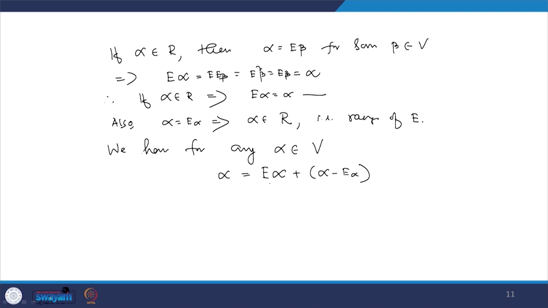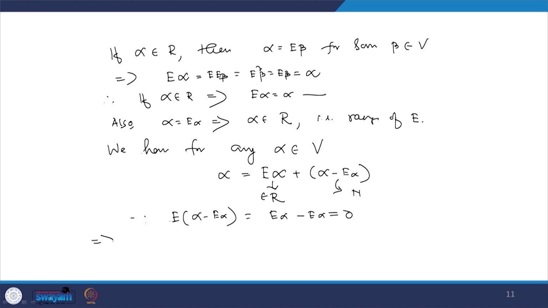So E alpha belongs to R, and alpha minus E alpha belongs to the null space of E, because E of (alpha minus E alpha) equal to E alpha minus E square alpha equal to 0.